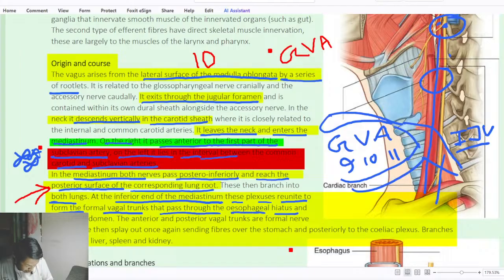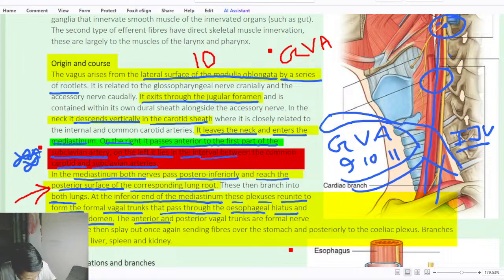You remember esophagus and vagus, T10. In the posterior mediastinum, in the inferior aspect, they form the vagal trunk that passes through the esophageal hiatus and enters into the abdomen.